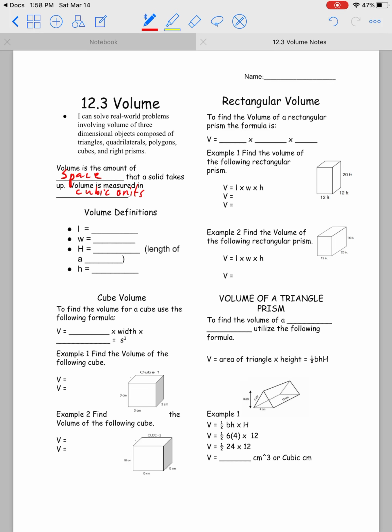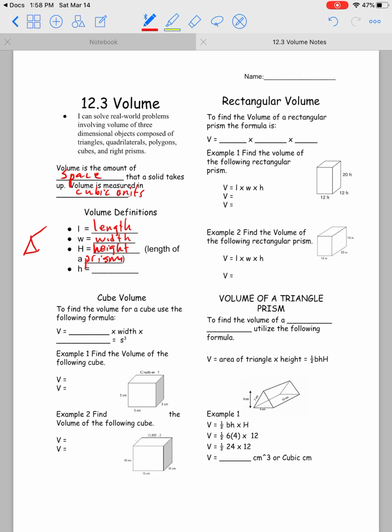So your definitions, your L is length. W would be width. The big H stands for height, but you're not going up. What it is, it's the length of the prism. Okay?